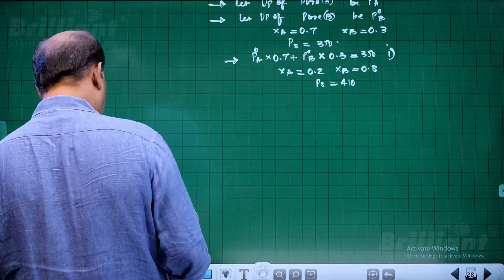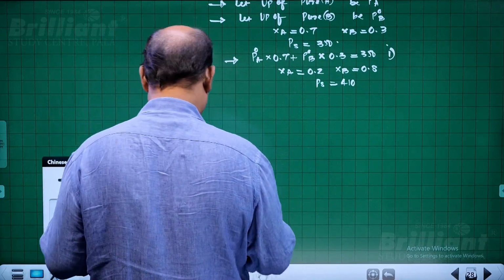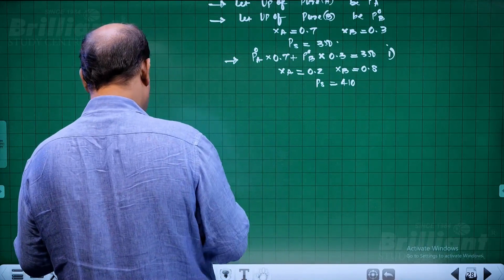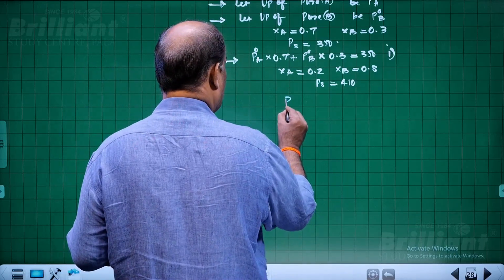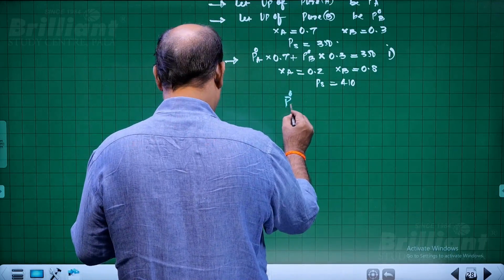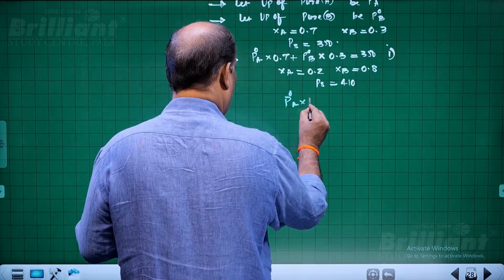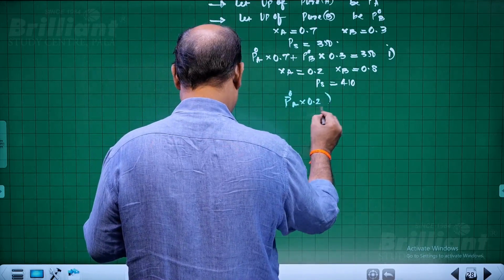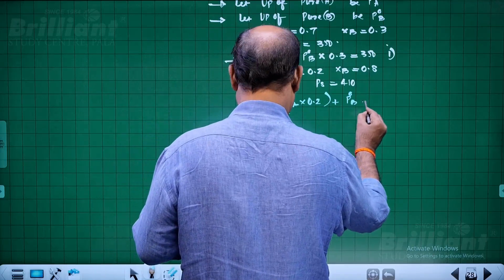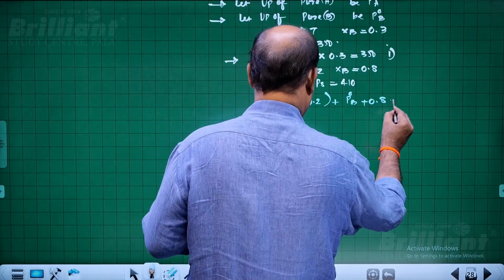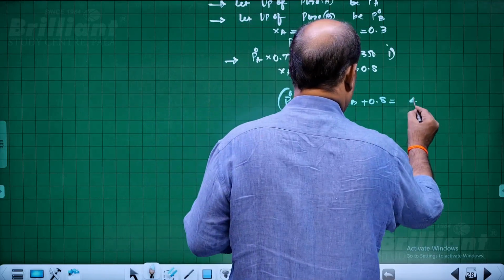Now generally we can easily do the same sequence. What we write here according to Raoult's law: P naught A into mole fraction plus P naught B into mole fraction is equal to 410.